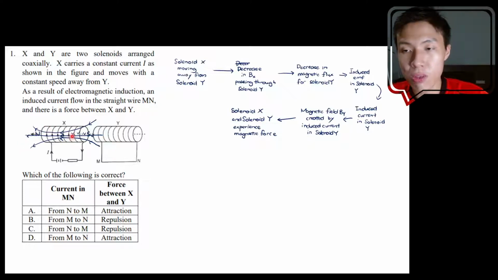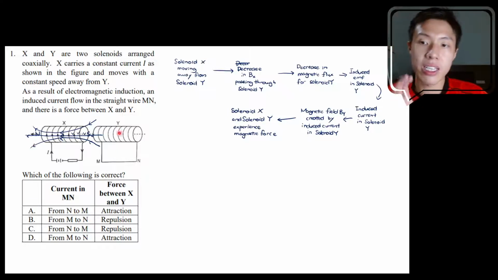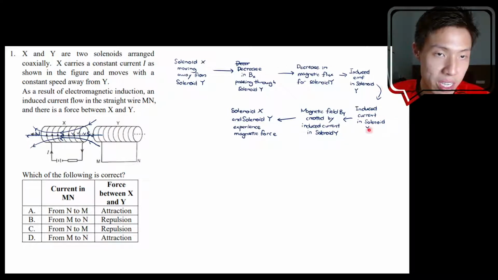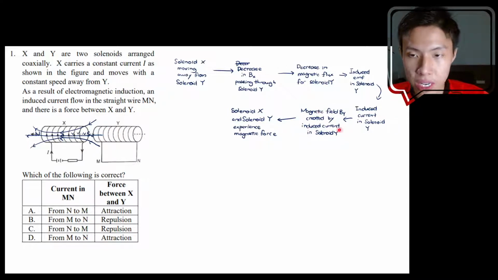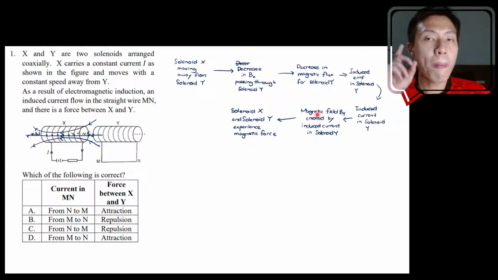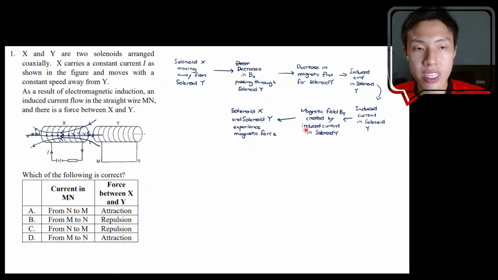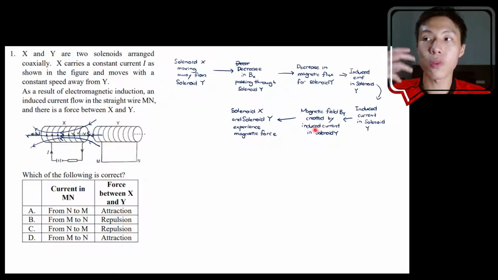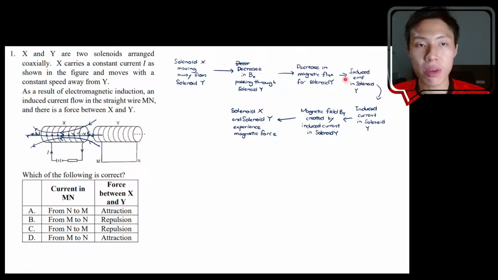And because it's moving away, it will cause these things to happen here. At the end, you induce a current over here. Based on Lenz's law, we know that this induced current will be in the direction that will oppose the change in magnetic flux. So this induced current will be in the direction to oppose the decrease in the magnetic flux.